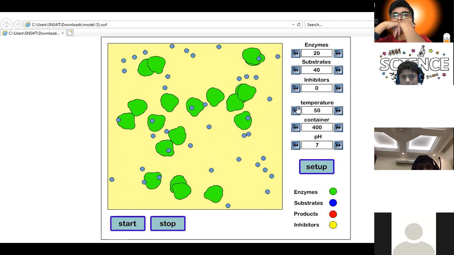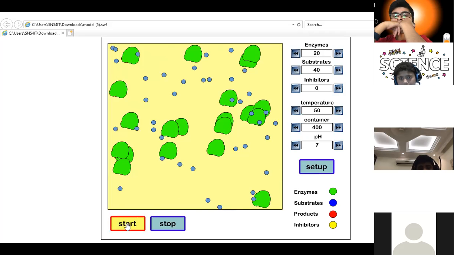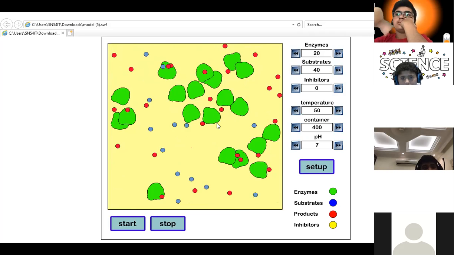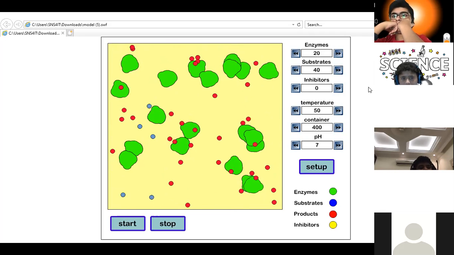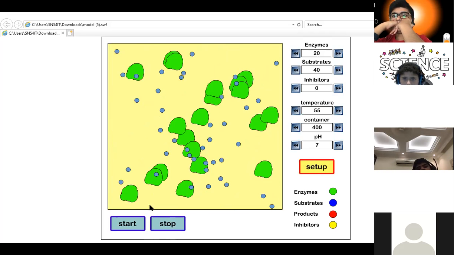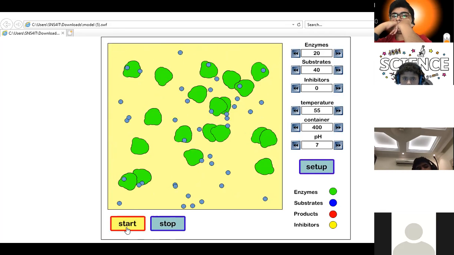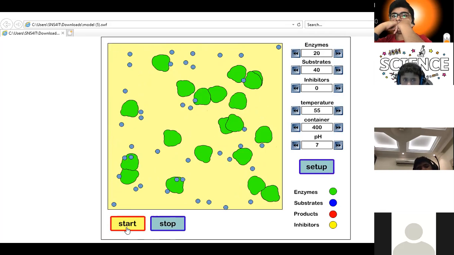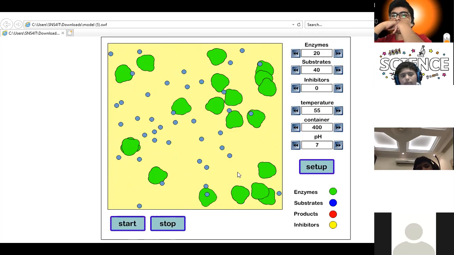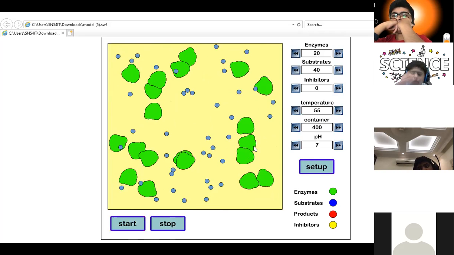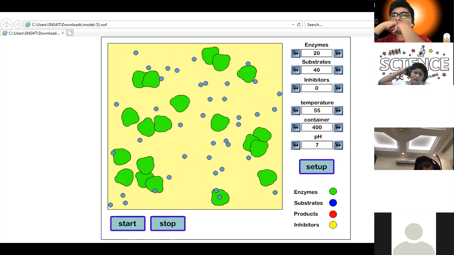Even at, I think, 50, it shouldn't be doing any kind of work. But it is working. Anyway, at 50 degrees Celsius the enzymes are functioning, but at 55 it's going to be absolutely stopped. Yes, at 55, look, it doesn't work at all. So all the functions of your body will stop working. All functions in your body are happening because of the enzymes. Everything's going to stop working.